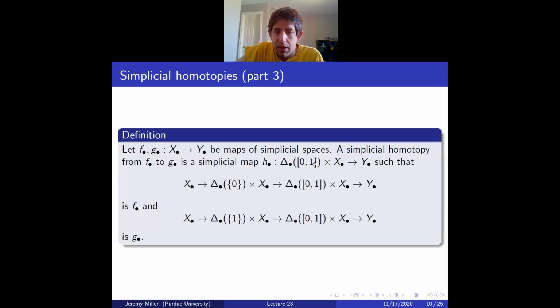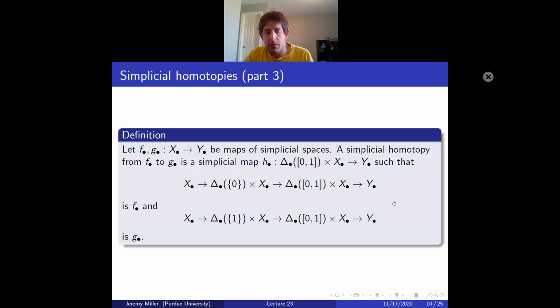So the product of simplicial spaces is just take the product on p simplices. So a simplicial homotopy is just the data of a simplicial map from here to here, such that when you include X into the left, this composition is F. When you include X into the right endpoint of the interval, the composition is G.